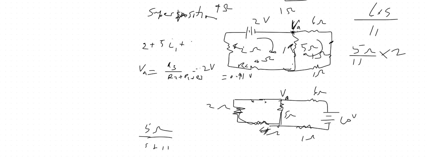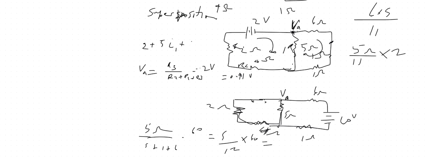So 5 over what? 5 and 1, 6 and 6, 12, right? 12. I multiply that by 60. How much do you get? 25. So it's 25 volts.